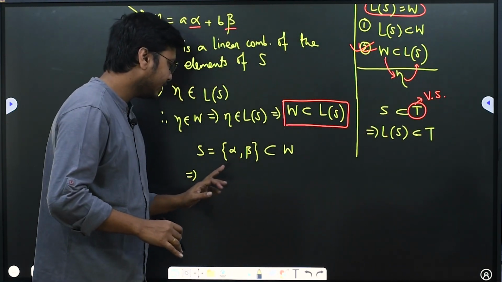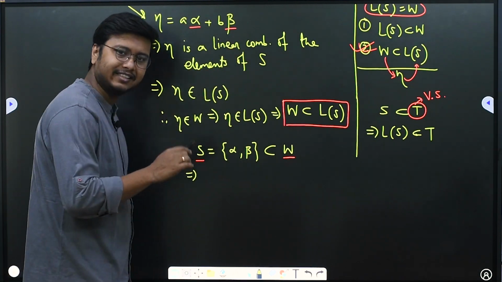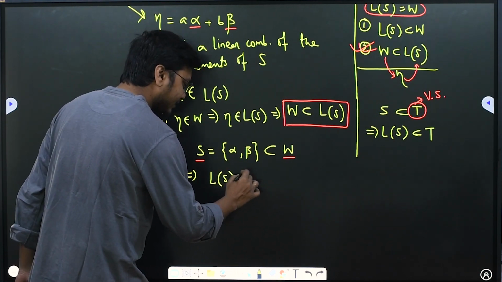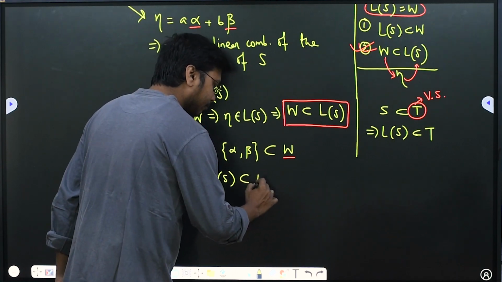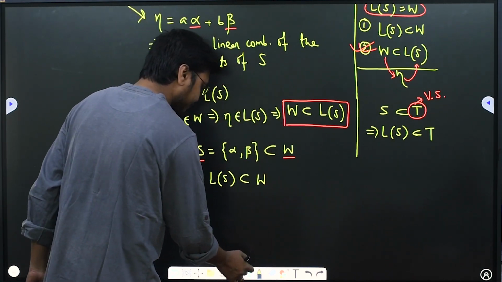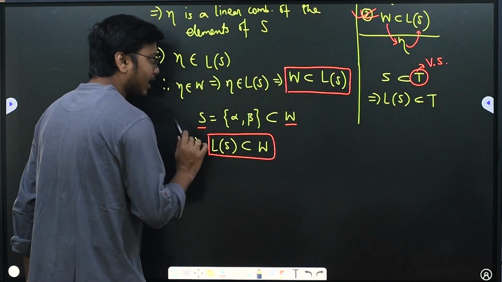So here W is a vector space and S is just a set. So if I take L on both sides, I'll have L of S subset of L of W, and L of W means W itself, since W is a vector space. Okay, so I have got my second requirement here.